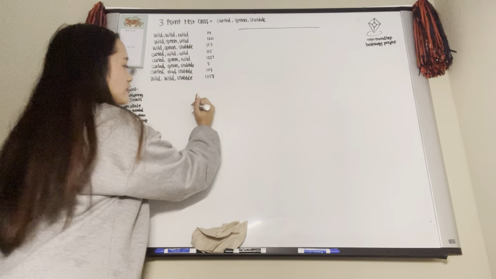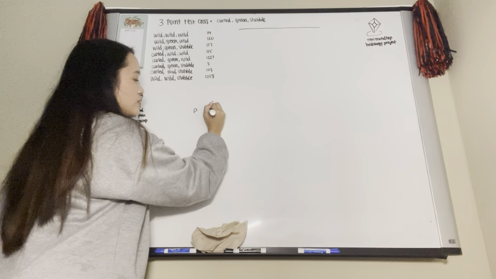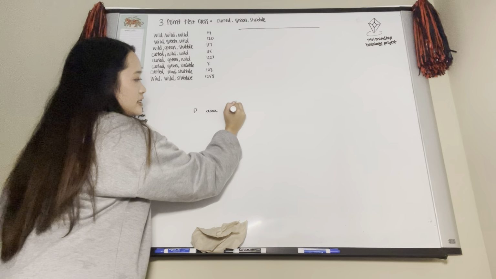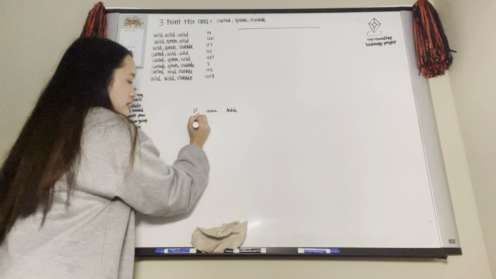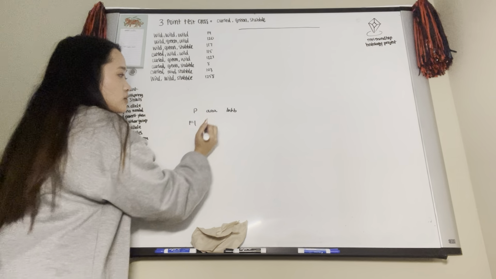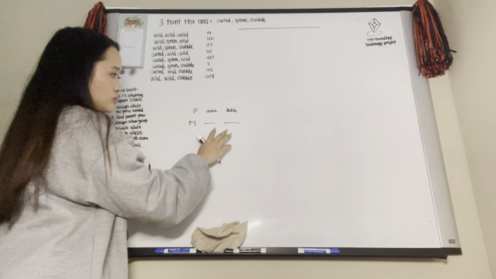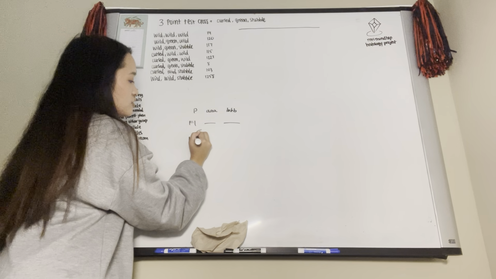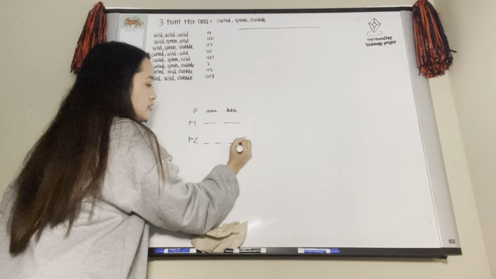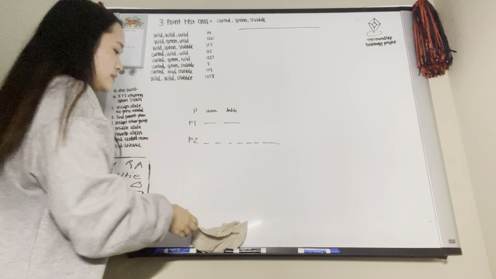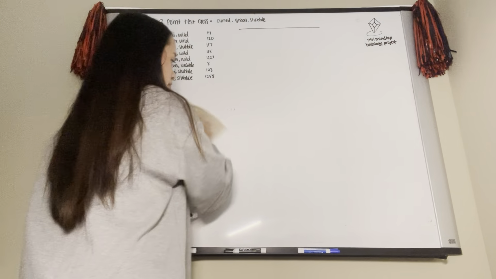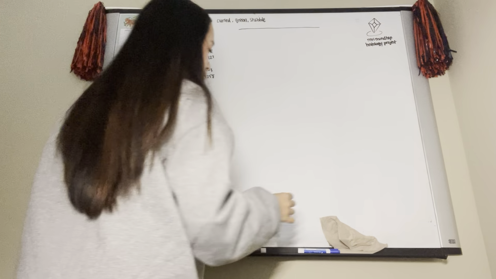If you have a parental generation with 3 traits, you're going to have an F1 generation with 2 types, but your F2 generation is going to have 8 because of how many traits you have. So there are different recombination types.